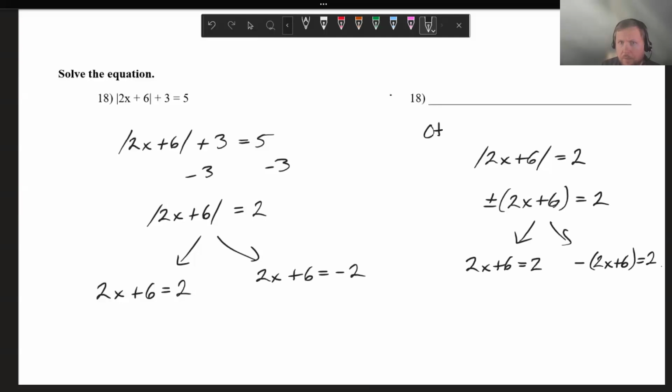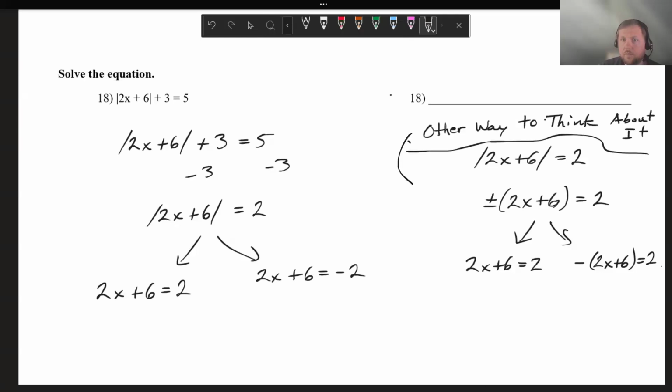So this is the other way to think about it. Okay, in any case, either way, we end up here somehow. This one over here is really just one step away. Multiply both sides by -1, and then you end up with the 2x plus 6 is equal to -2. So you can see the two ways are equivalent.